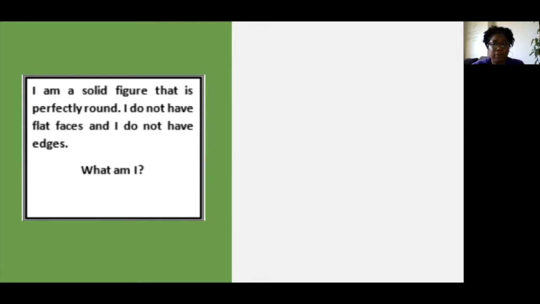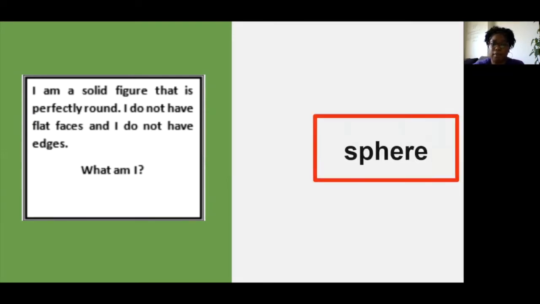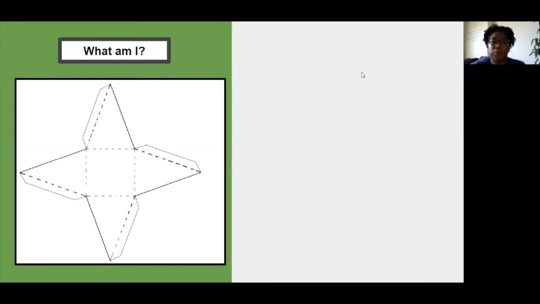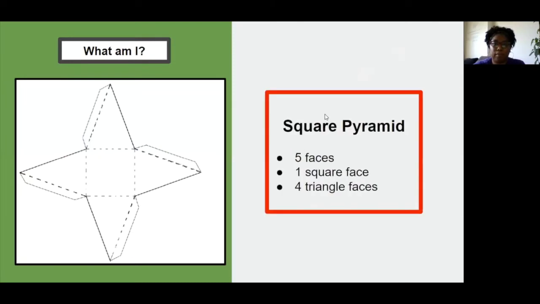Press pause if you need time to think and write, and when you're ready for the answer, press play. A sphere. If you said sphere, you are correct. You may check it. Number 2, what am I? Square pyramid.